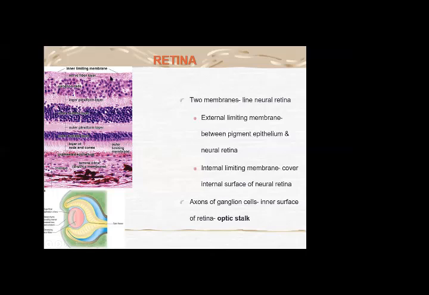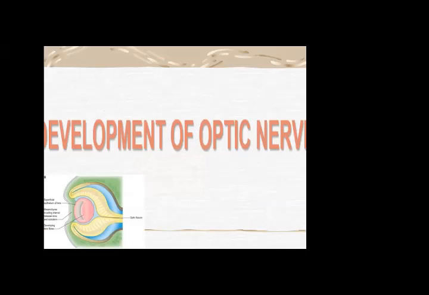Axons from this layer, they make up the optic nerve. ठीक है? They all collect together and enter into the optic stalk. Let's come to that a little in a while. First, let's finish with the retina.